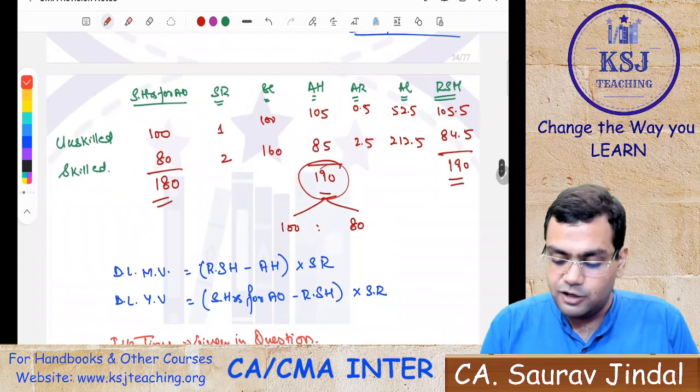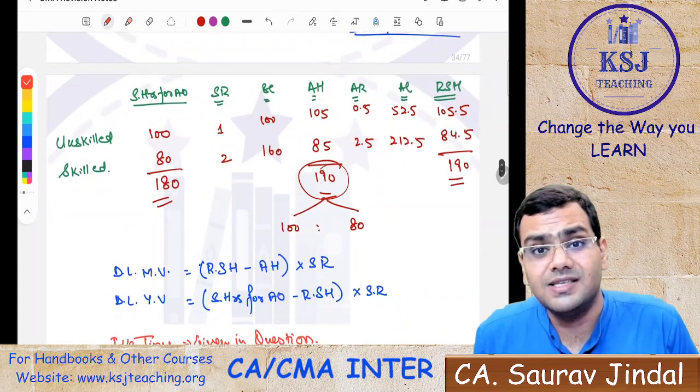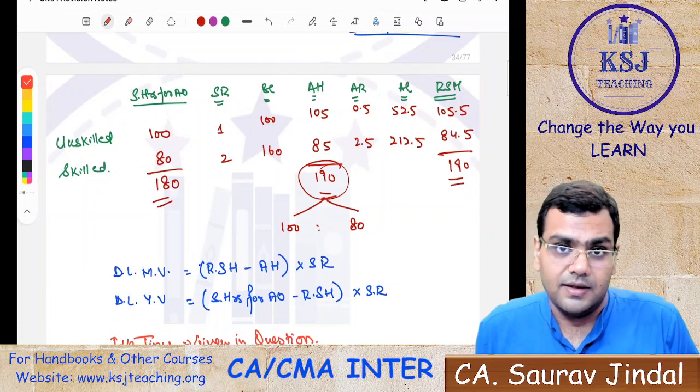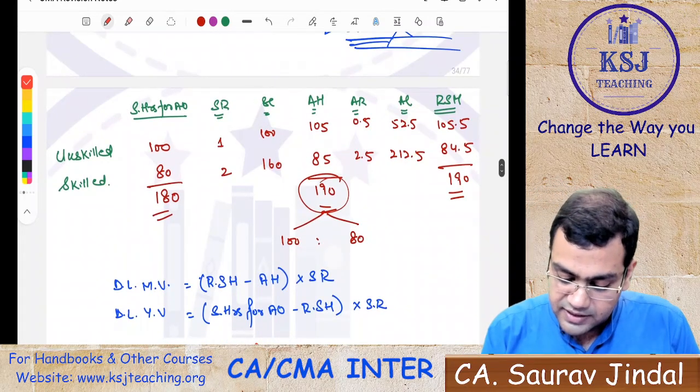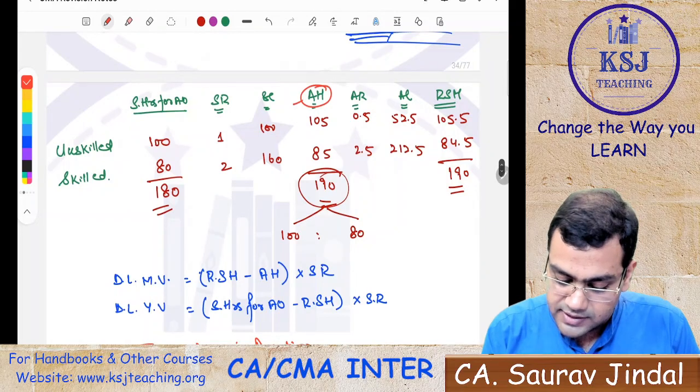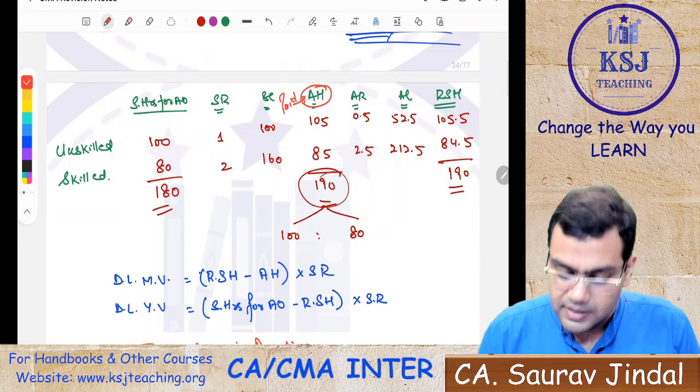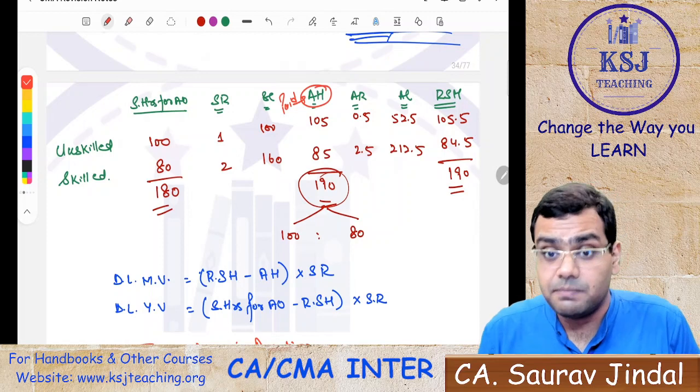And if this kind of situation occurs where you have unskilled and skilled labor, then just listen very carefully. This actual hours is what is paid for. This is the actual hours that you have paid for.